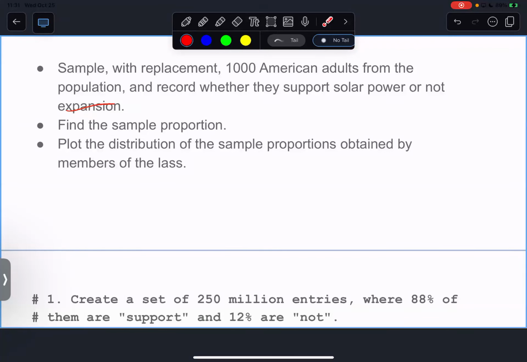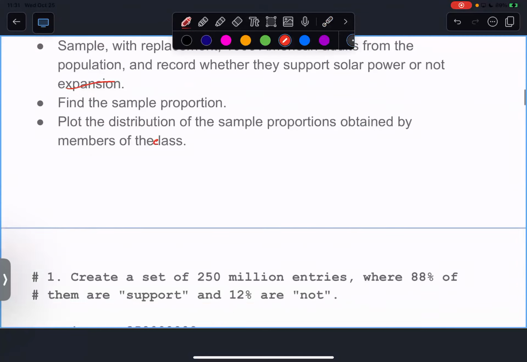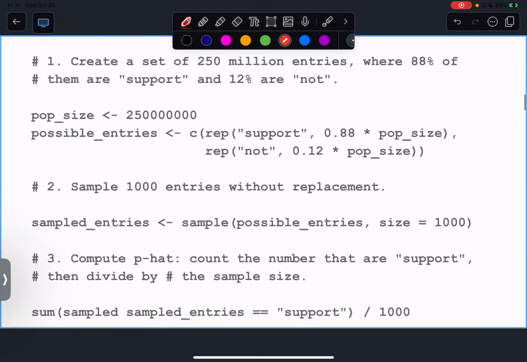And now, another typo. Now I can look at the distribution of these sample proportions from the class. And you can do this in R. Maybe it'd be fun to do this in Excel for the lab next week.